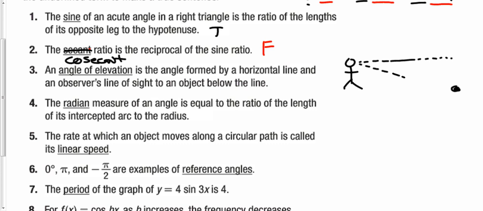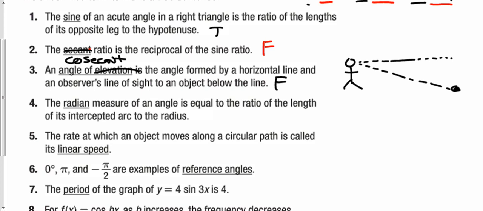There's my object, okay? If I'm looking down at an object, that is not an angle of elevation. It would be an angle of depression. So that's an angle of depression, not an angle of elevation. So this is also false.